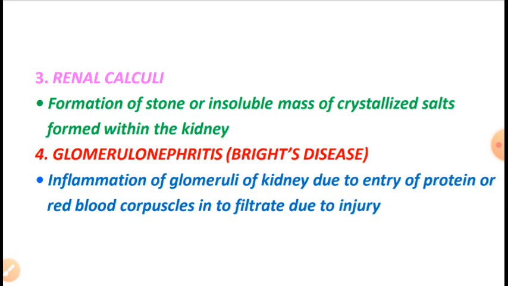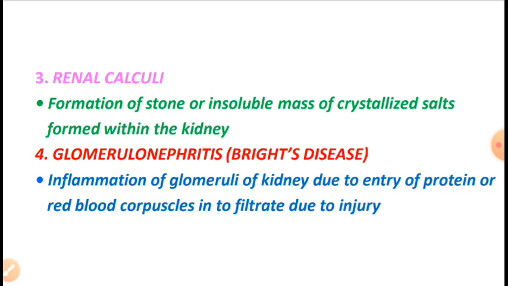Glomerulonephritis. This condition is inflammation of the glomeruli of the kidney. As we know, in the structural and functional unit of the kidney, the nephron, the glomerulus is the important part for filtration of blood.